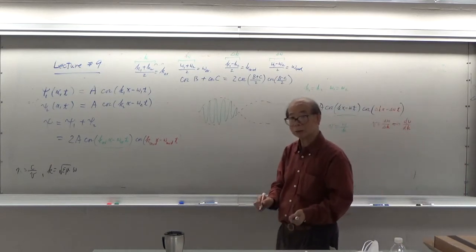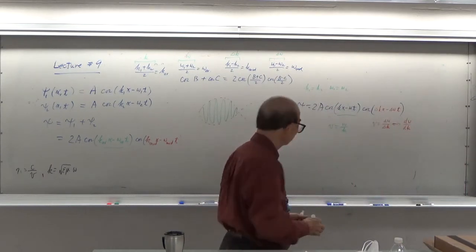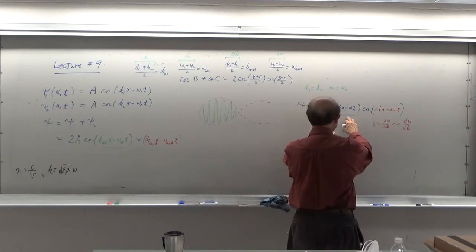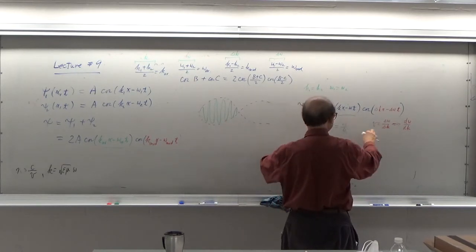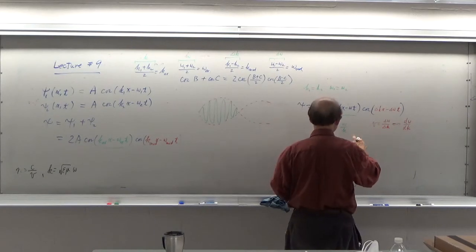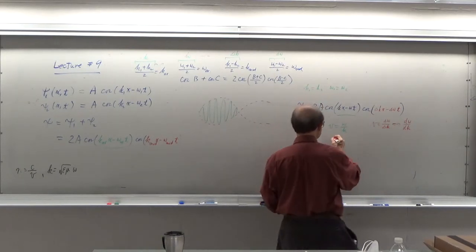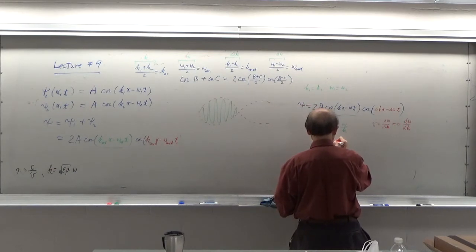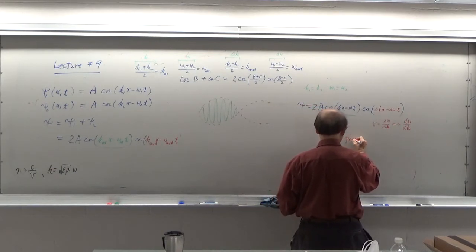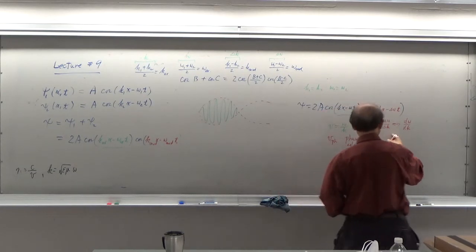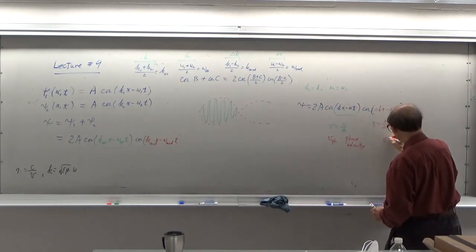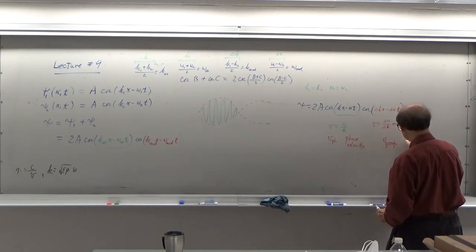So there are two different speeds. One is to do with the green part, and the other with the red part. We call this velocity the phase velocity. And this we denote by V sub group. And this is the group velocity.